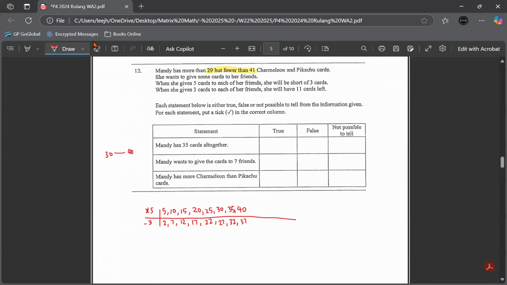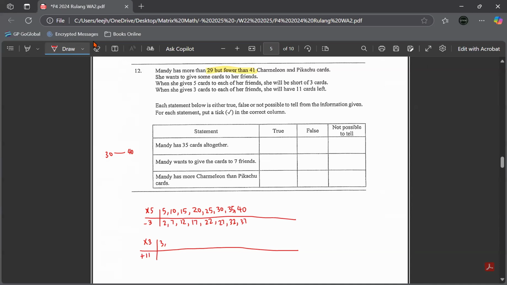Sorry about that. So now the next one, if she gives 3 cards to each of her friends, she'll have 11 left. So I'm going to do this again. 3 cards to each of her friends, so this one times 3. 11 left means remainder 11. Quite a big number. It's okay, just slowly do the question.